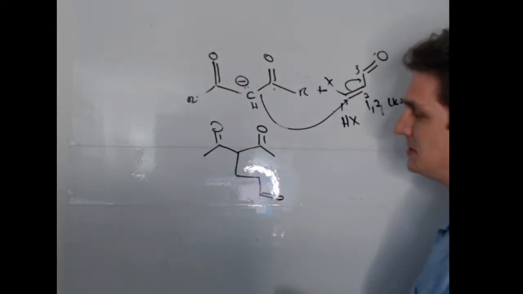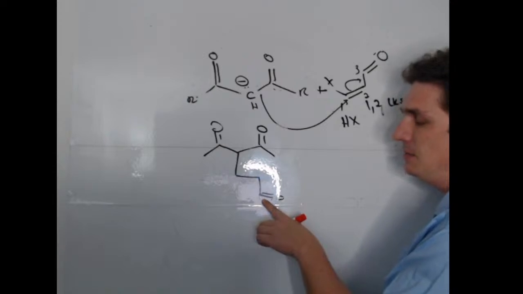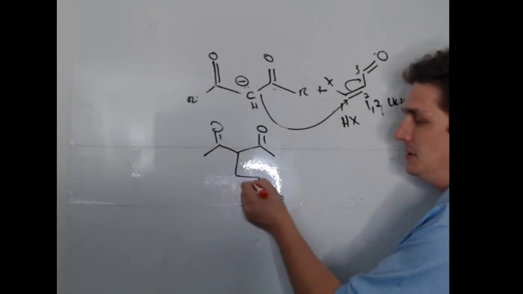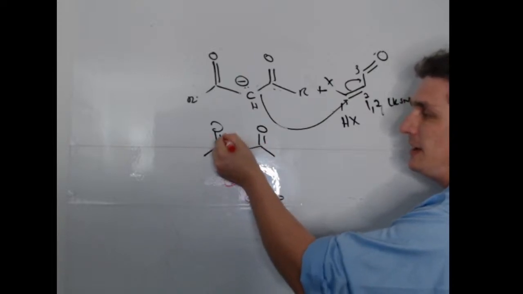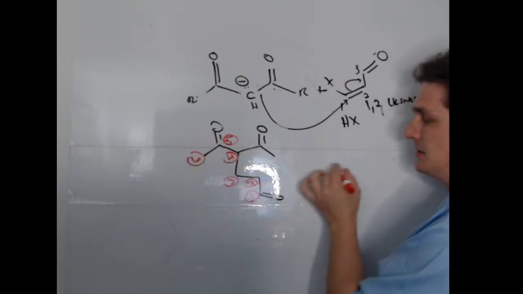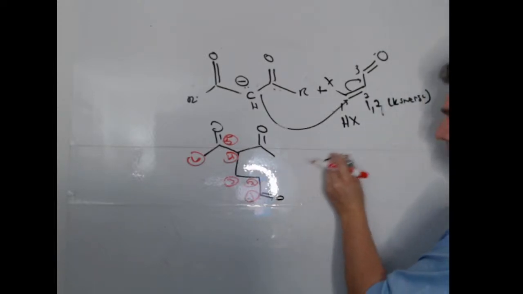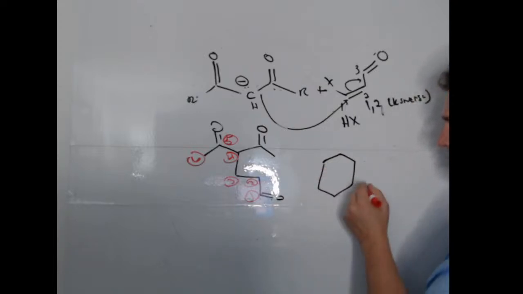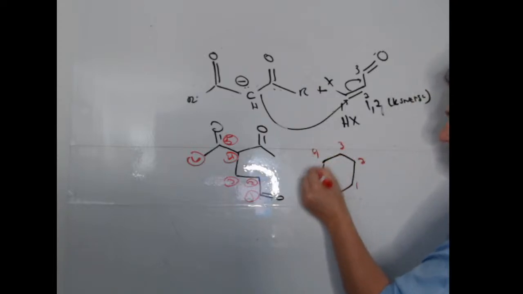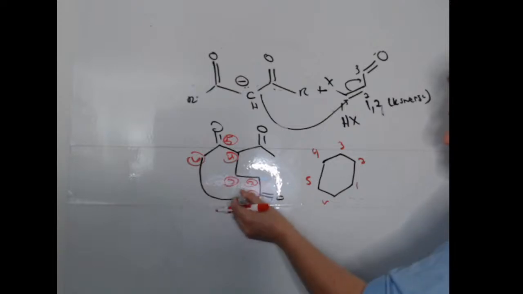So we want to form a 6-membered ring with this being part of the ring. So we have 1, 2, 3, 4. We can go either way with this one, 5 or 6. So if we draw our 6-membered ring and start numbering 1, 2, 3, 4, 5, 6, carbon 1 will be attacked by carbon 6.